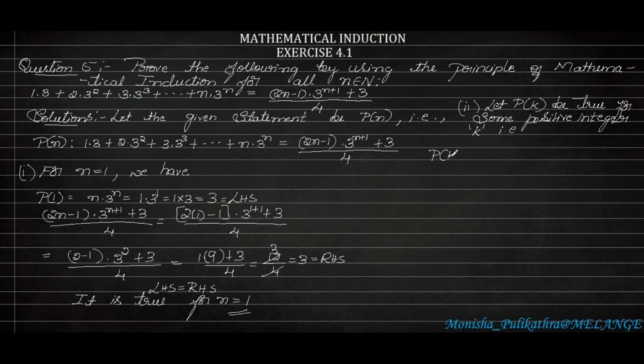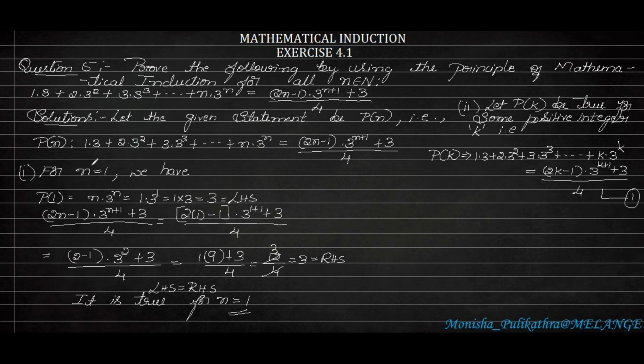So the equation will become p of k is equal to 1 into 3 plus 2 into 3 square plus 3 into 3 cube plus etc. plus k into 3 to the power of k is equal to (2k minus 1) into 3 to the power of k plus 1, plus 3, whole divided by 4. Let us take it as equation number 1.